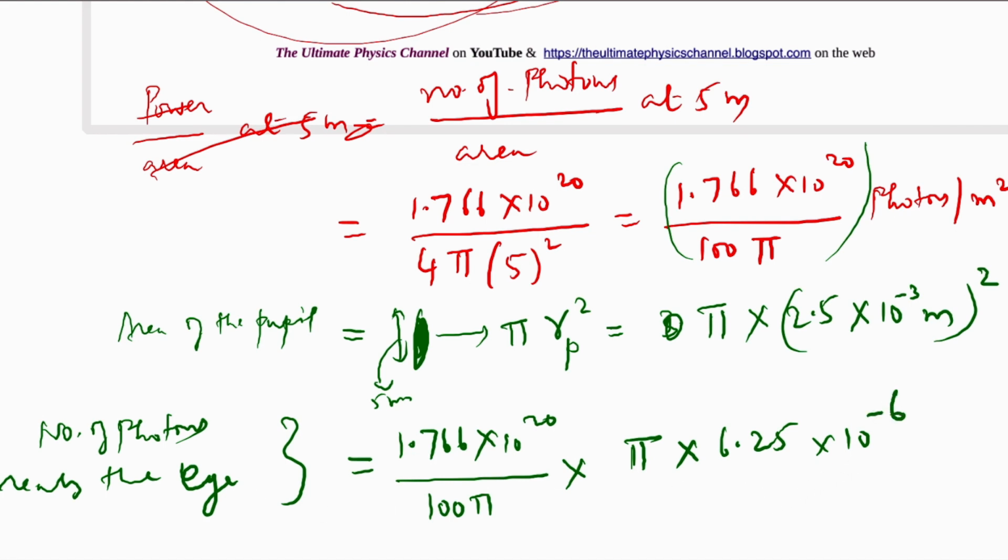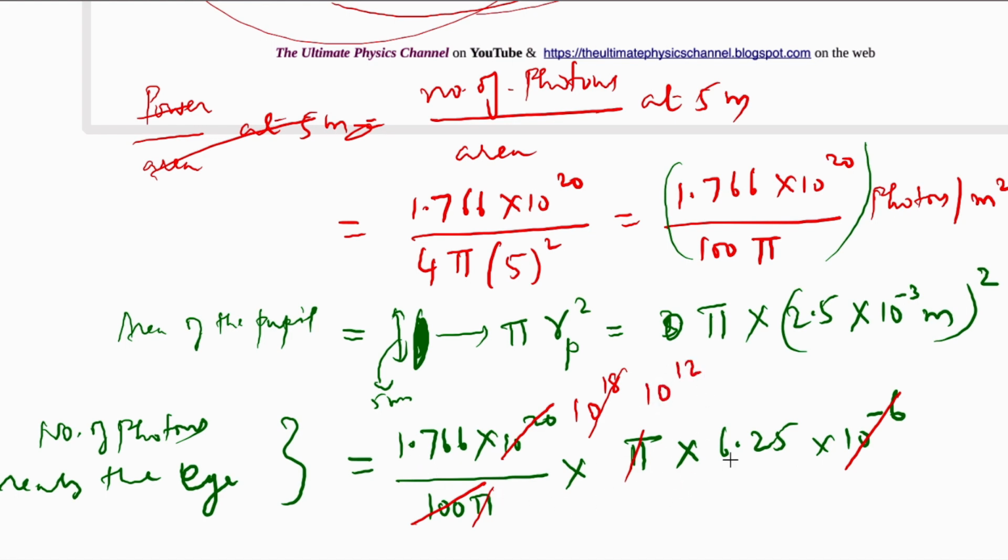So here straight away we can see that these two pi cancel out, and then this 100 is 10 power 2, so if we cancel this we have 10 power 18, and then this 10 power minus 6 makes 10 power 12 in the numerator.